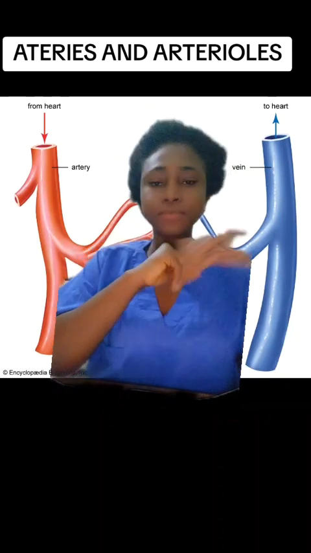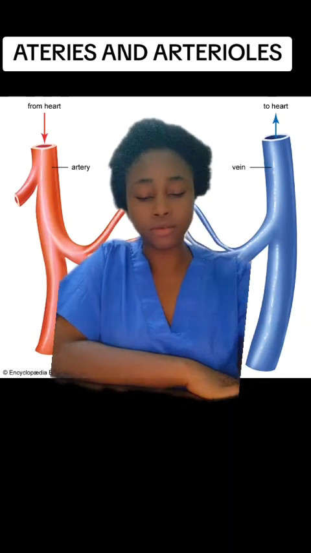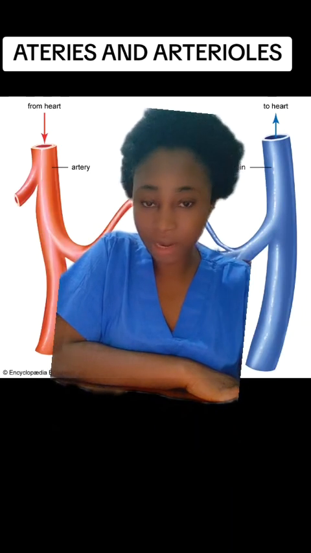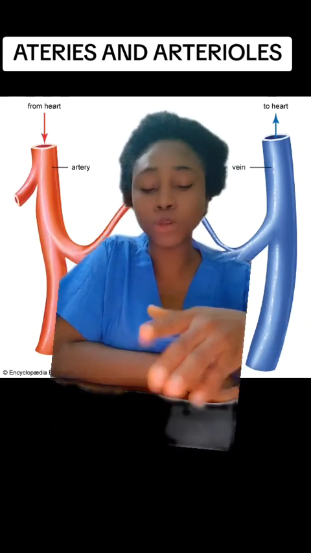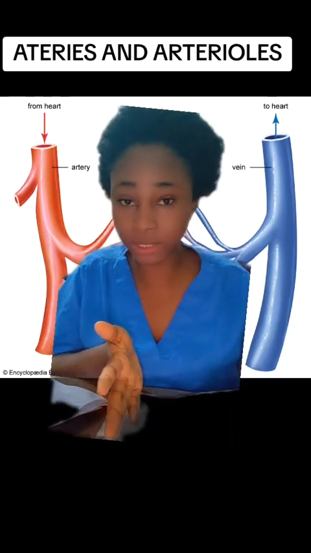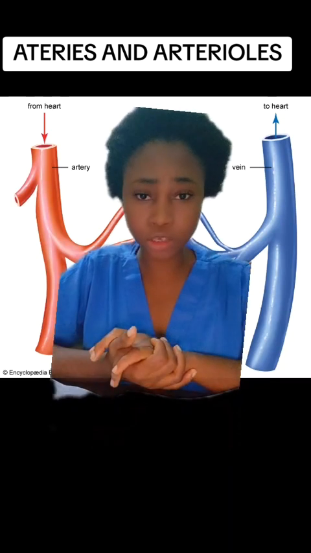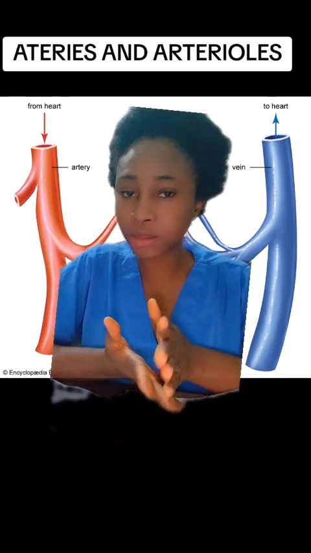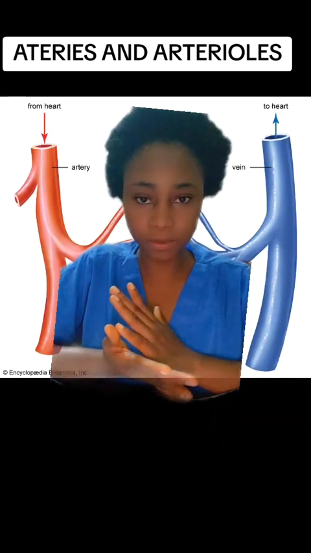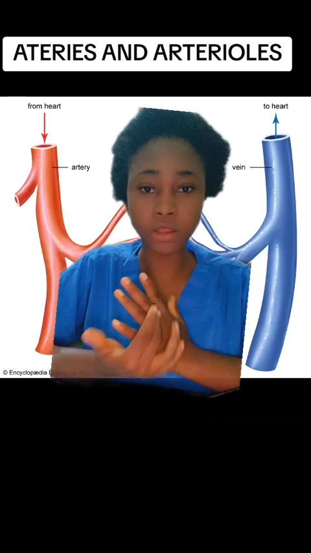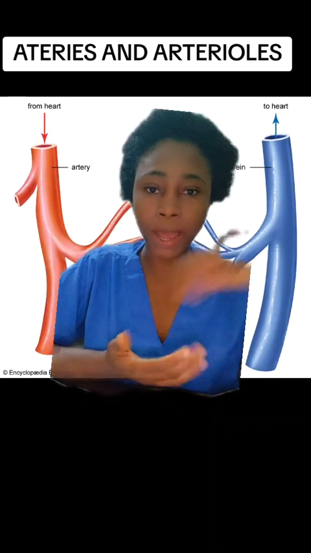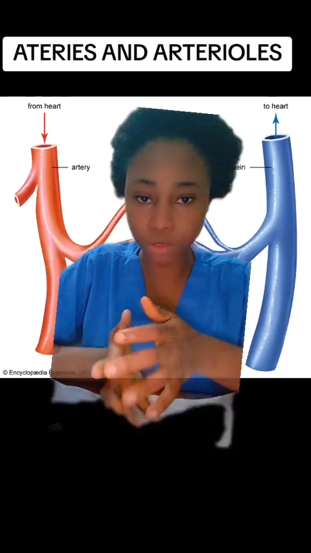And now the structure in the wall of this artery, they are not the same, they vary. It is not the same structure you will see on this side as on the other side. For instance, in the large arteries, for example the aorta, because they are closer to the heart, their walls are made up of elastic tissues.